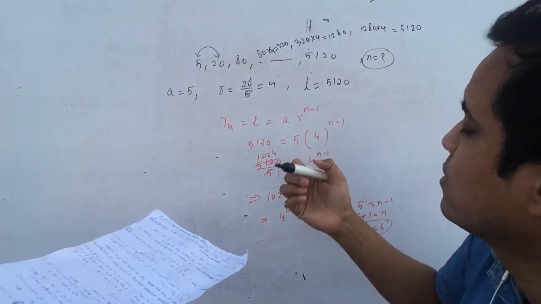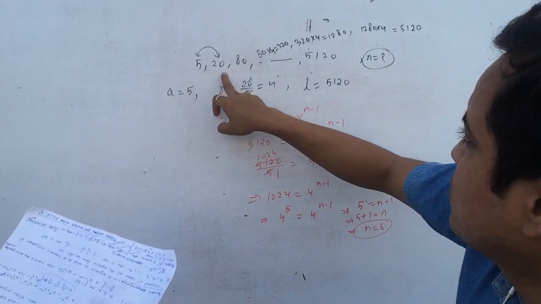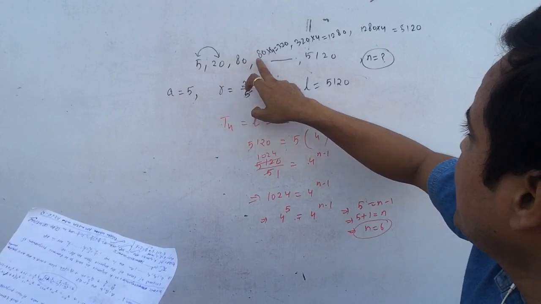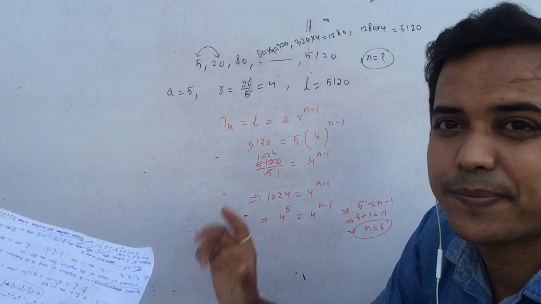All right, there are 6 terms, so we are right. So 5, 20, 80, 320, 1280, 5120: 1, 2, 3, 4, 5 and 6.